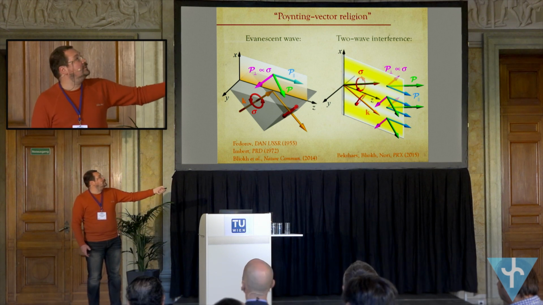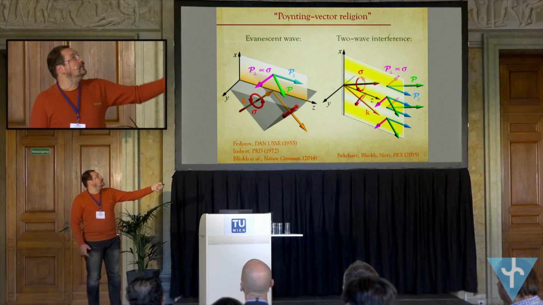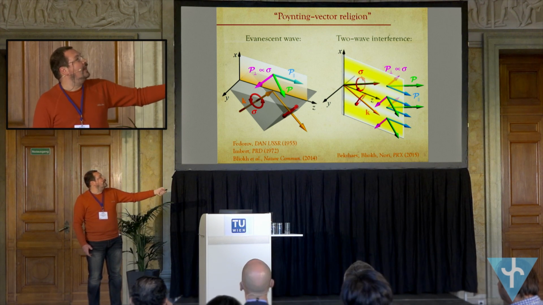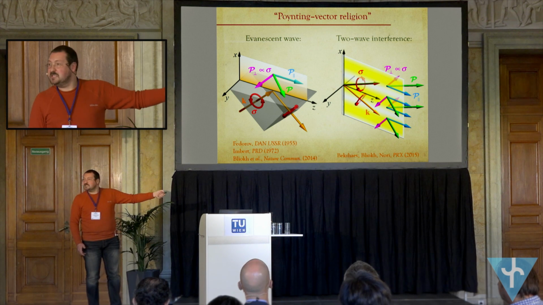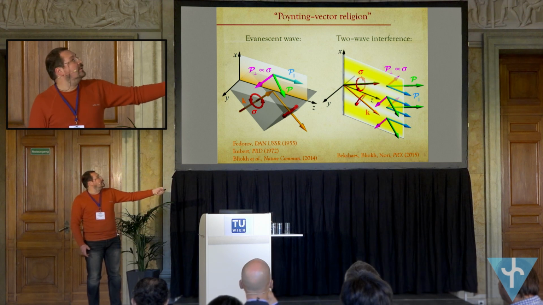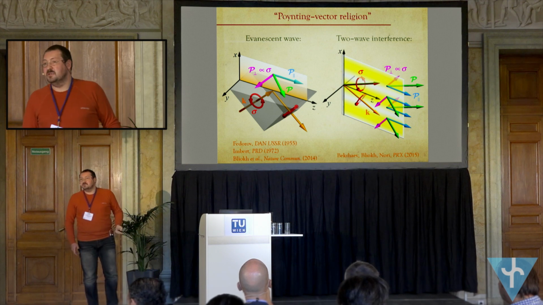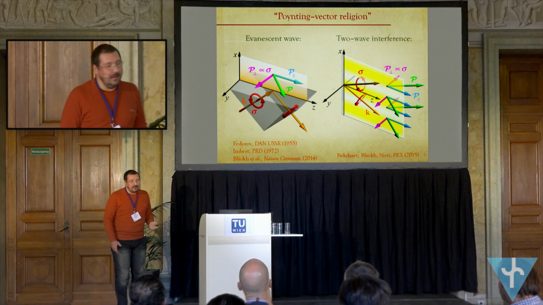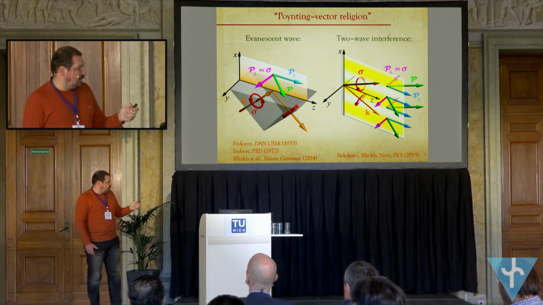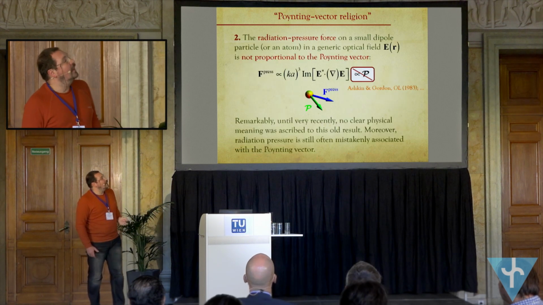If we interfere just two plane waves, two photons propagating with different k vectors, and we locally calculate the Poynting vector for this interference picture, again you see it's not aligned with the plane of propagation, and the orthogonal components of the Poynting vector are proportional to the spin degrees of freedom, to the helicity of light. Therefore, the Poynting vector cannot be associated with the direction of propagation of photons.